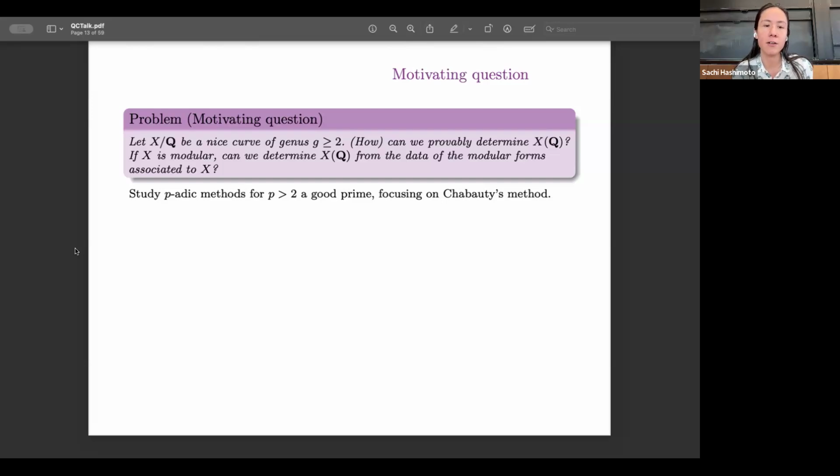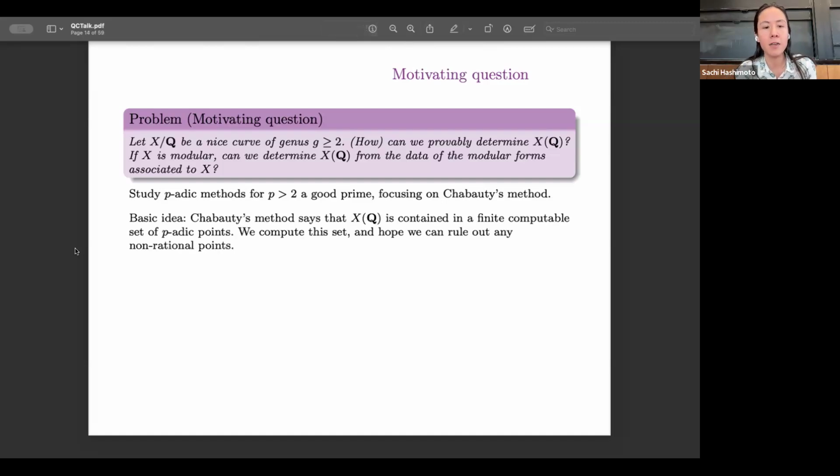Here I'll generally fix p greater than 2, a good prime, under the umbrella of Chabauty's method, this particular vein of p-adic methods. The basic idea of Chabauty's method, let's recall, is that our rational points are contained in a finite and computable set of p-adic points, and we hope to compute this set and rule out the non-rational points.